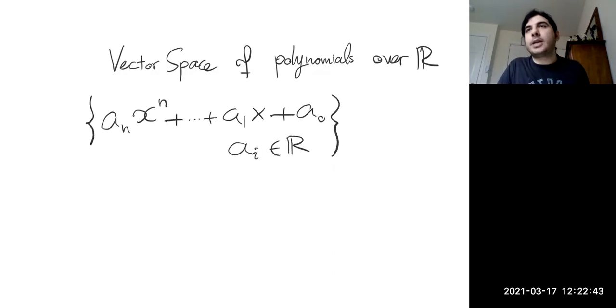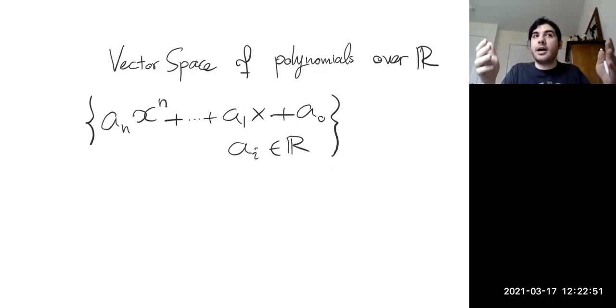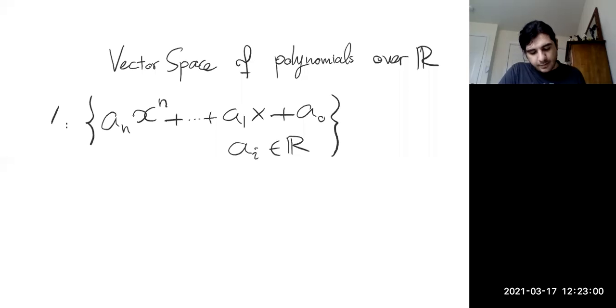As we mentioned earlier, this is an infinite dimensional vector space. Any two elements I choose here I can add, or I can multiply any vector by a real number, and they satisfy all the relations we like. Let's denote this vector space by V.